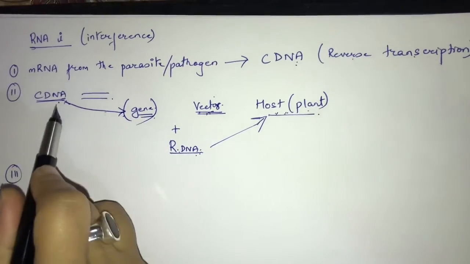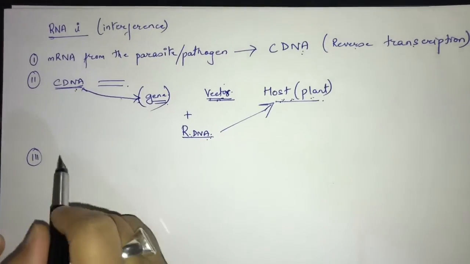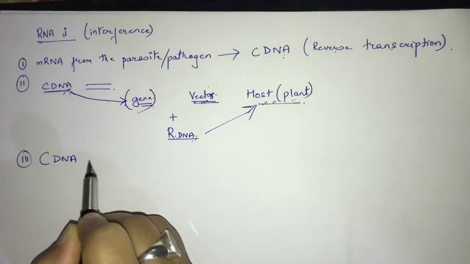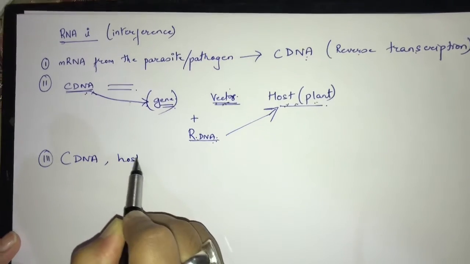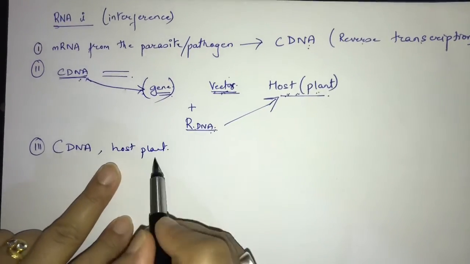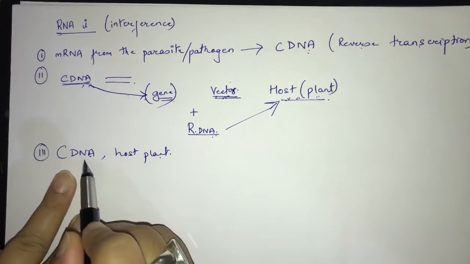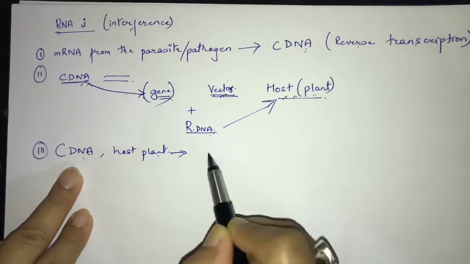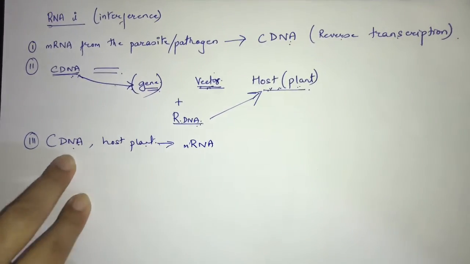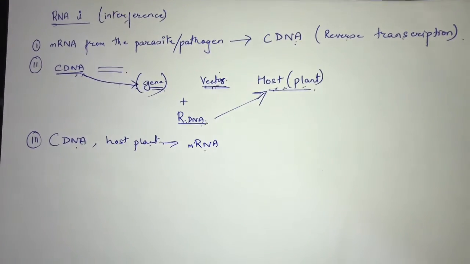When this cDNA is expressed inside the host plant, our target plant, it again forms RNA, because we know that from DNA, RNA is formed through the process called transcription.